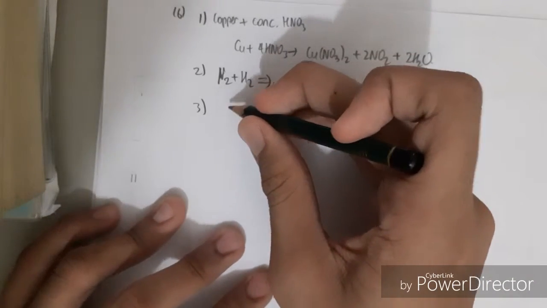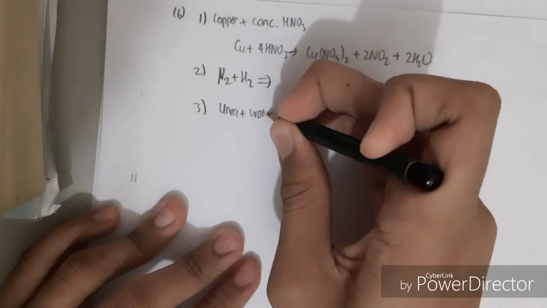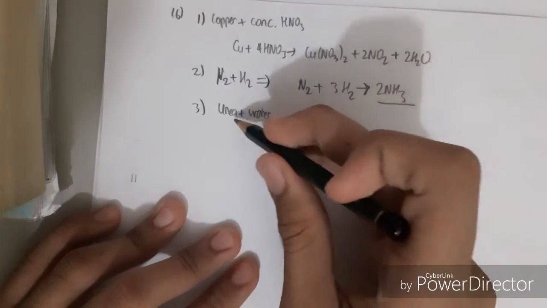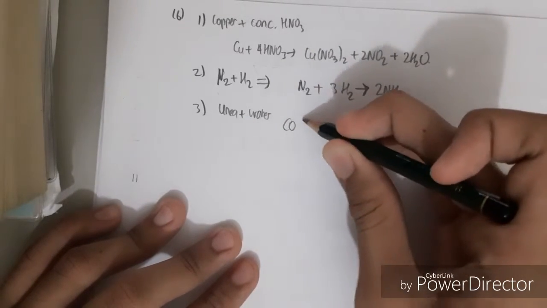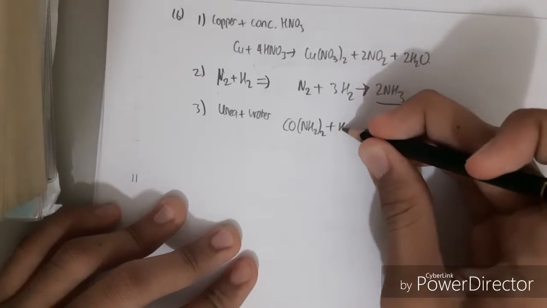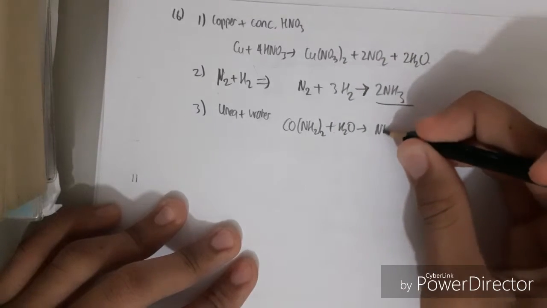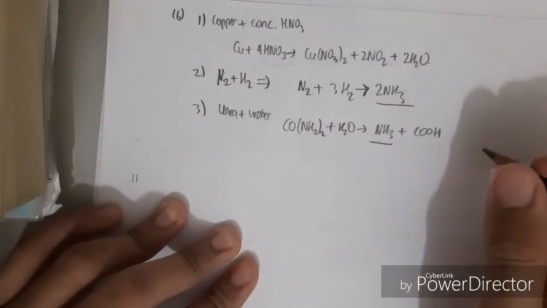And then the third option is urea and water. Do you know the formula compound for urea? This is the compound formula, and water is actually reacted to NH3 and CO2. So it produces ammonia.